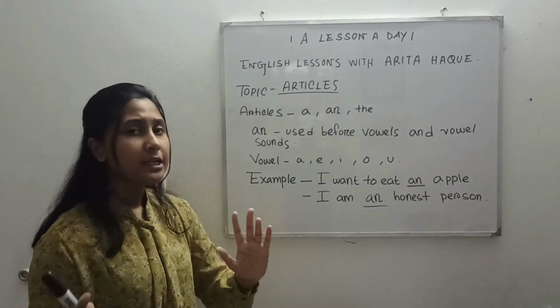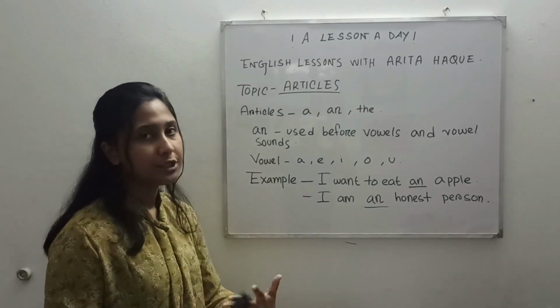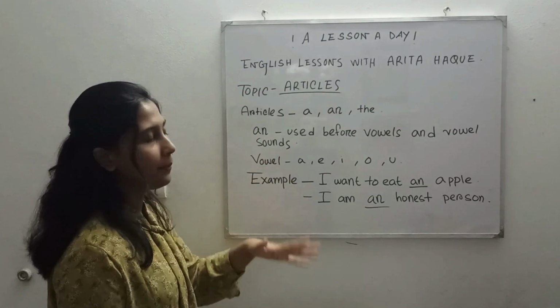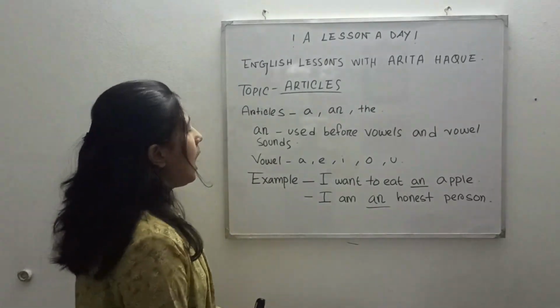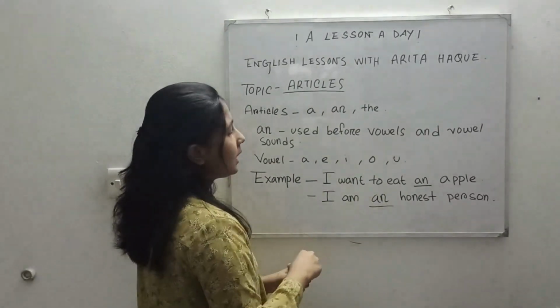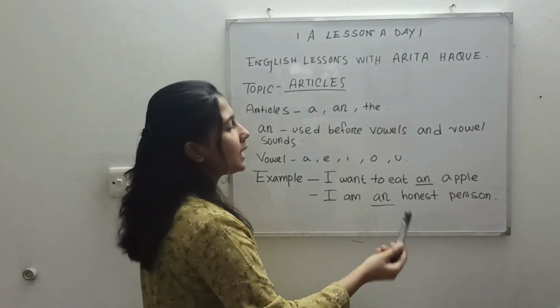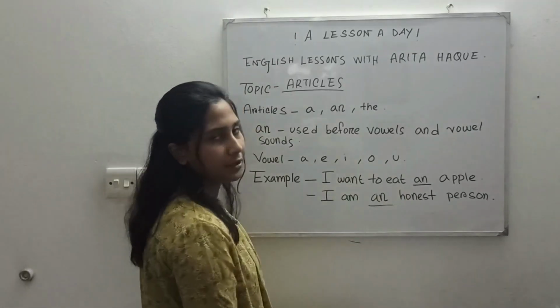So let us move forward with an example so that you can have a more pellucid idea about the use of the article an. So here you can see I've written, I want to eat an apple. So why did I use the article an in here?